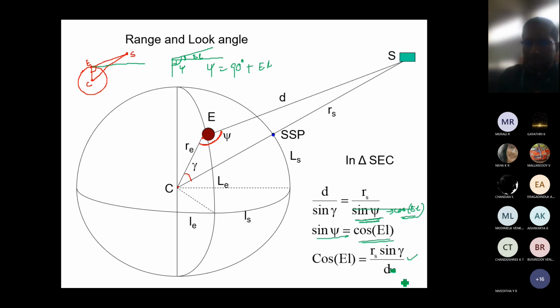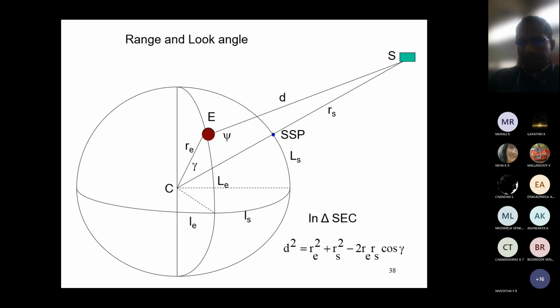See one thing. In this case, RE is the radius of the Earth, which is known to us, that is 6,378 kilometer.